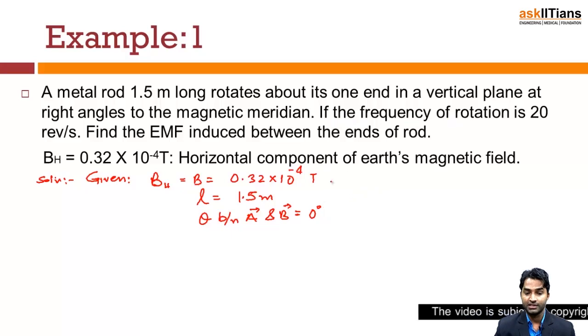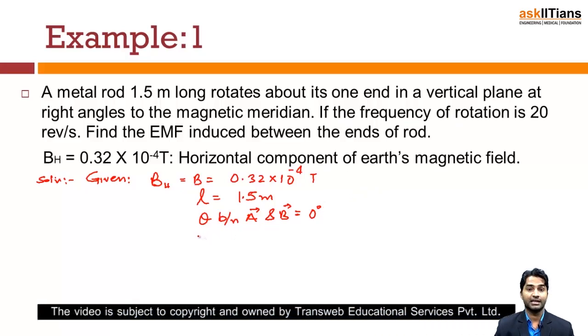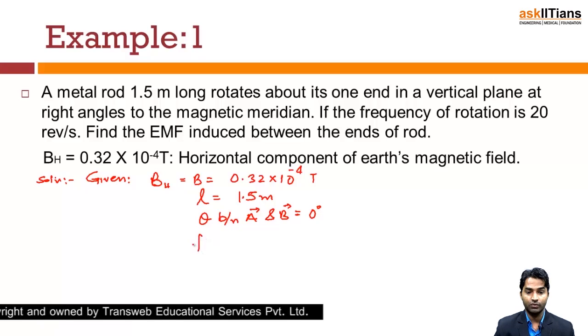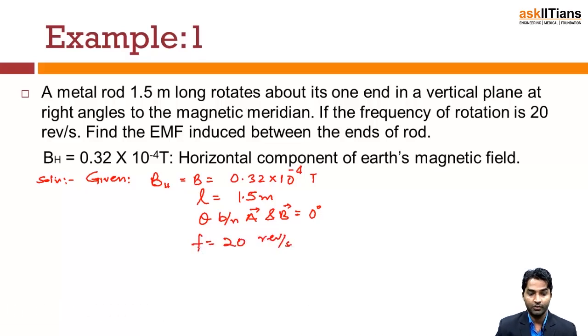The frequency of rotation is 20 revolutions per second, that is F is equal to 20. Now we have to find the induced EMF across the ends of the rod.